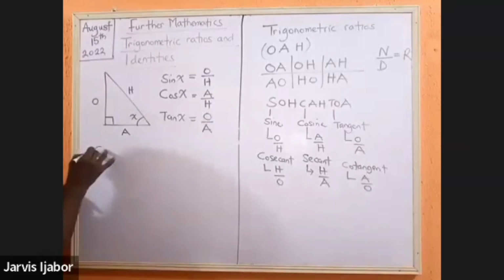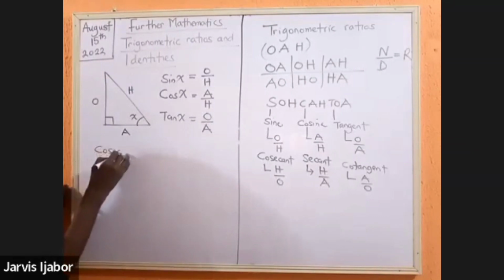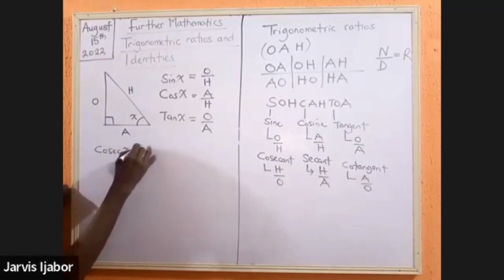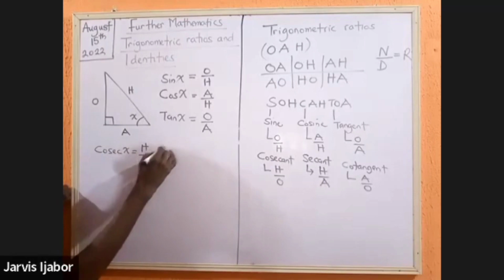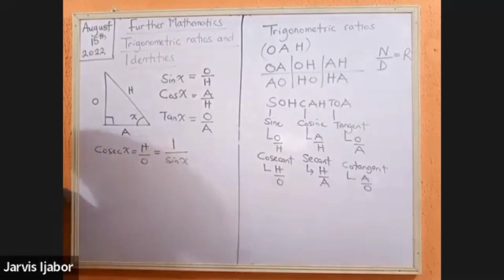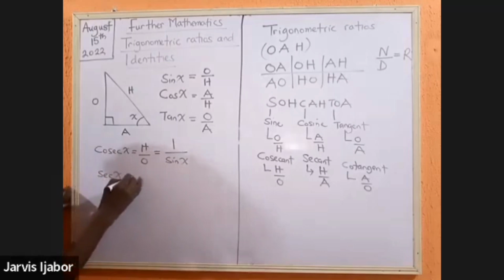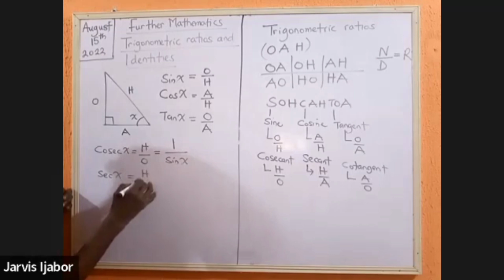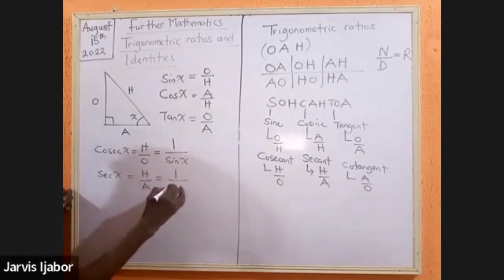Now, we come to the big ones. We have what is called cosec x, and that will be equal to what? Hypotenuse over opposite, which is equal to 1 over sine x. We come to the next, which is called secant or sec x, which is hypotenuse over adjacent. And that is 1 over what?